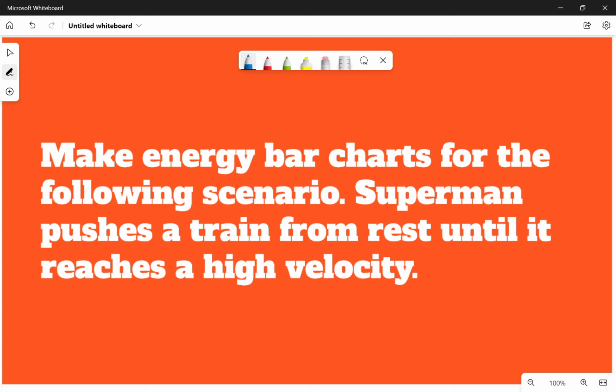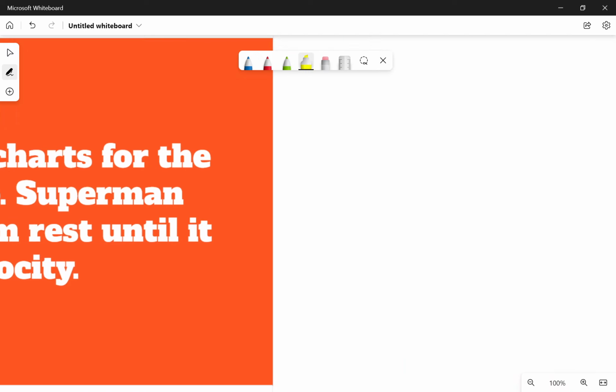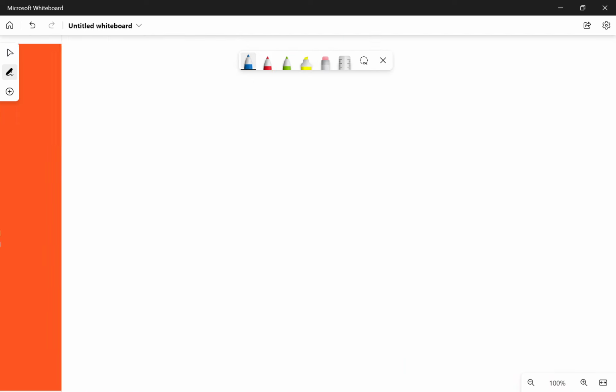So let's start with a problem that I think will introduce why we need work. We're going to do energy bar charts for a scenario where Superman is pushing a train. I'm going to make the train the subject of my energy bar charts. Superman's going to push it from rest until it reaches a high velocity. If I draw a little doodle to help guide me, I'm going to start with a train that has an initial velocity of 0.